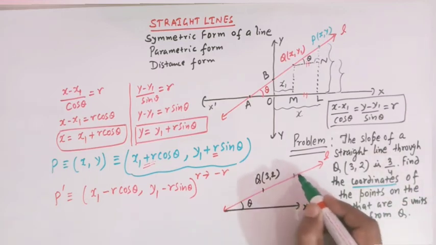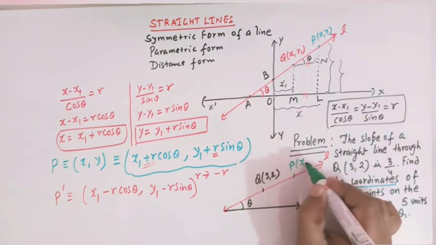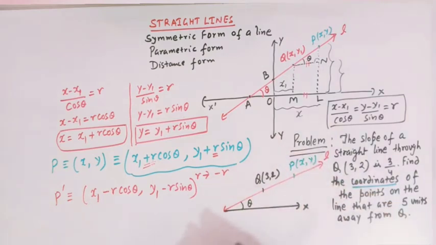So here we can take the point P, this point P, here this is x comma y, and see this point P is 5 units away from Q, right? So if we take this point P towards the right hand side, then we can take r is equal to positive 5, right?